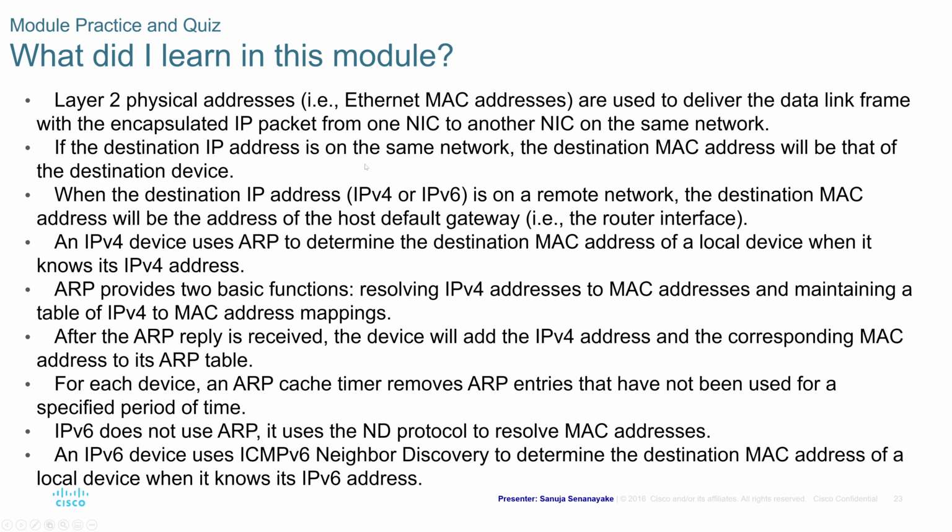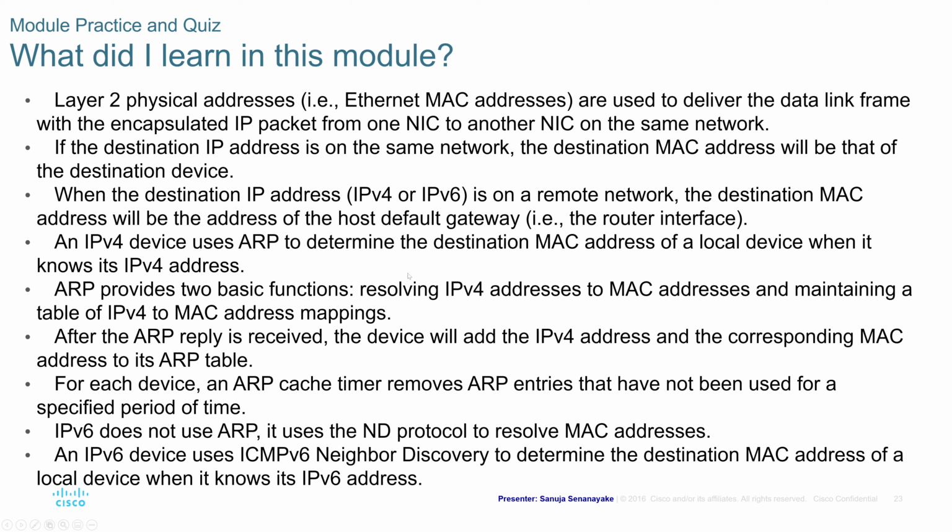If the destination IP is on the same network, the destination MAC address will be that of the destination device. When the destination IP address, whether it's IPv4 or IPv6, is on a remote network, the destination MAC address will be the address of the host's default gateway. For example, in your house, your default gateway is going to be your router's interface.